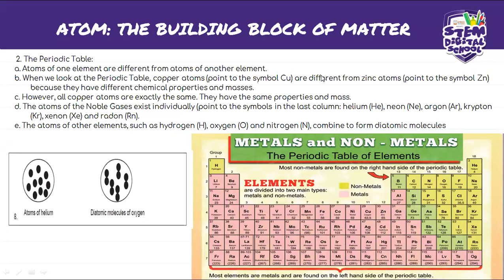So in the diagram, the first one, there are atoms of helium. You see that they are single, single, single. Then when we look at the molecule of hydrogen, they are two, two. So you see them existing in pairs. Have I made my explanation clear to you?